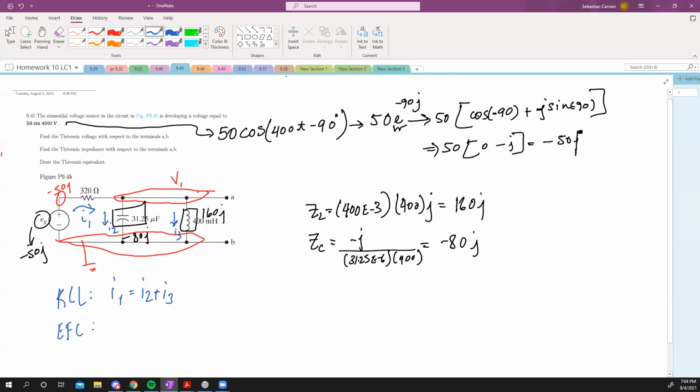I1 is negative 50j minus V1 over 320. I2 is equal to V1 over negative 80j. I3 is equal to V1 over 160j.